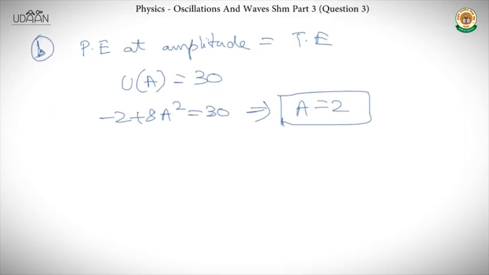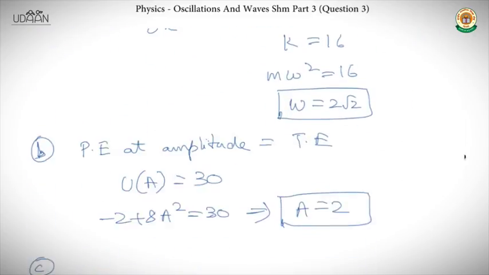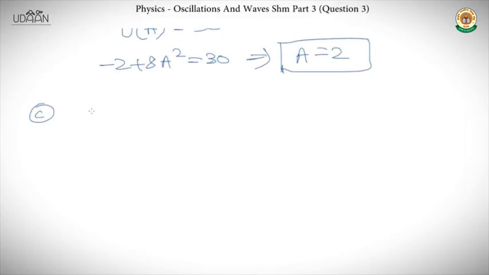And now we need to find the kinetic energy. So total energy is equal to potential energy plus kinetic energy. The maximum kinetic energy is shown when the potential energy is minimum.